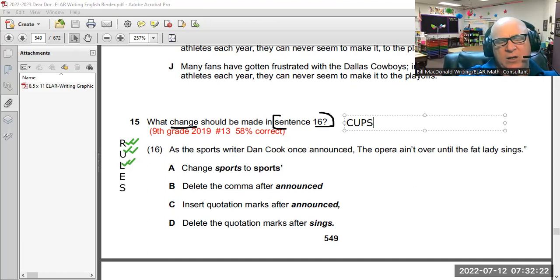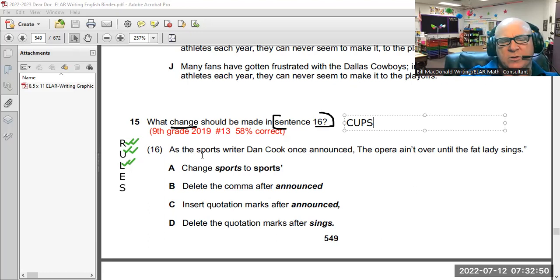When it says change, and I'm glad I caught myself, or you would have emailed me or messaged me and said, hey, I thought you said when it says change, you write CUPS. That is true. So it's a mistake of capitalization, usage, punctuation, or spelling. And again, because we're practicing punctuation, the actual mistake will be something to do with punctuation, although we'll get to practice sometimes a couple of other things.